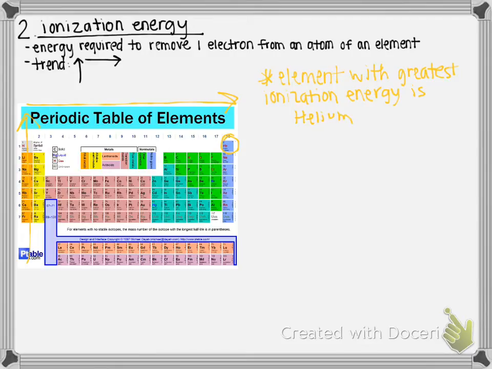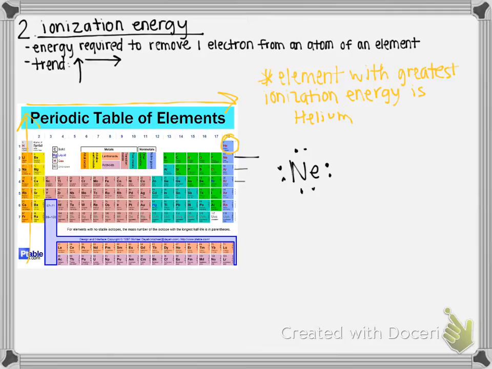And so the reason why the noble gases have the greatest ionization energy is dealing with their valence electrons. All the noble gases, like neon, argon, krypton, have 8 valence electrons. So they have a filled outer shell, and that is what every element wants.